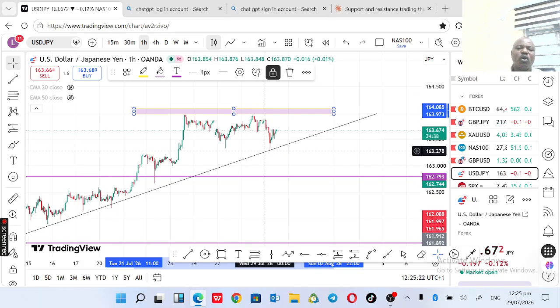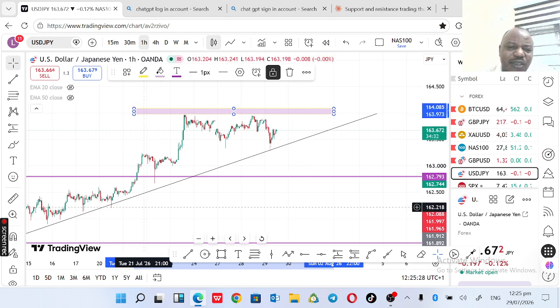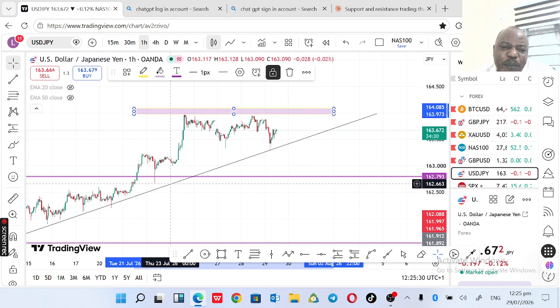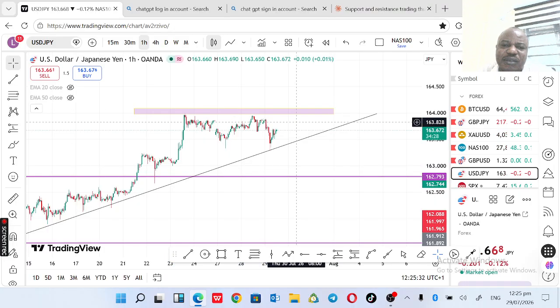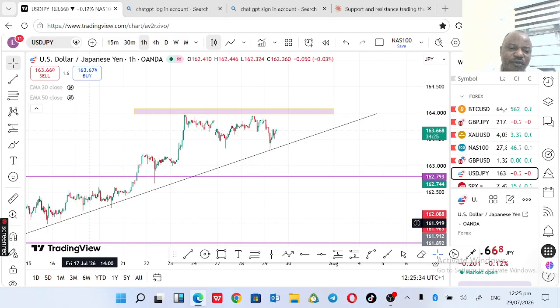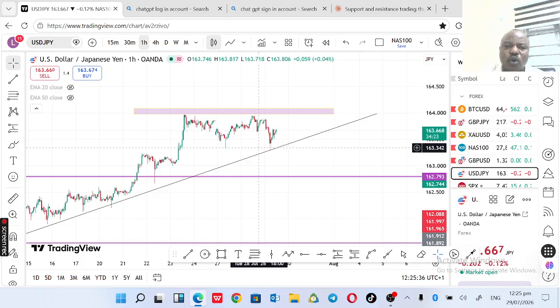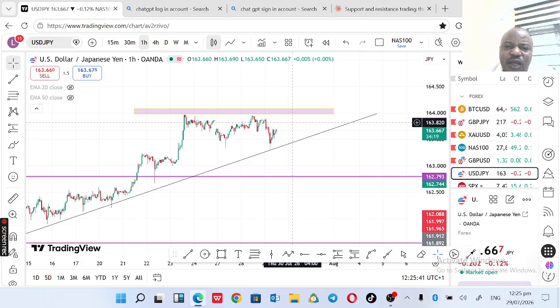That is how we observe our resistance. The market has always come to this zone, come back, get to this zone, come back. And this trend line is also a support to this resistance that is coming from the downtrend to uptrend. So when the market gets to this level, it retraces back to the support, then to the resistance again.